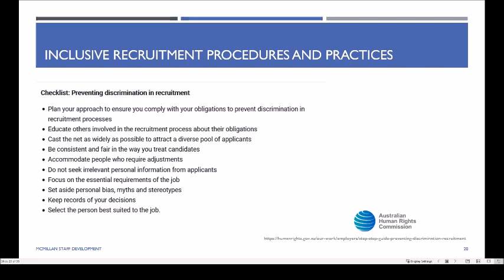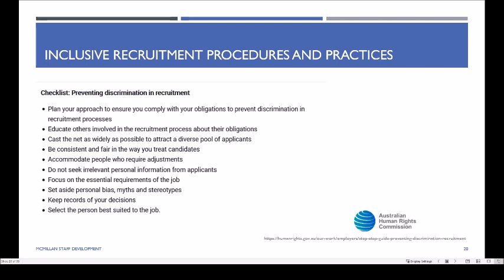So making sure that you have a good merit-based recruitment system in place, and that as a manager, you're training all people, or making sure that all people who do recruitment have been trained against that, so that they're educated and understand merit-based recruitment, the risks of making discriminatory decisions, and how to avoid that by following a good process.